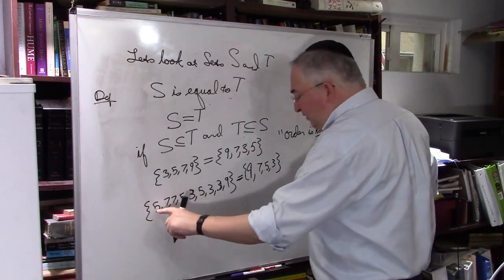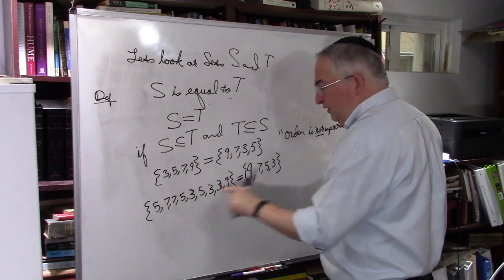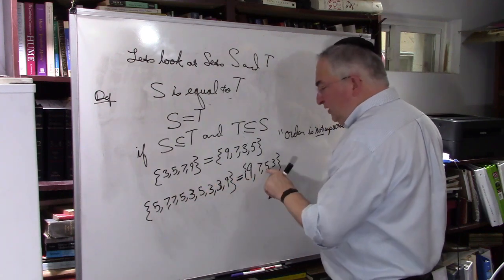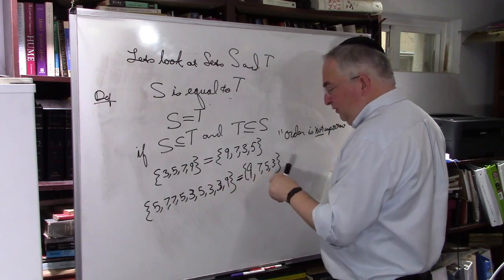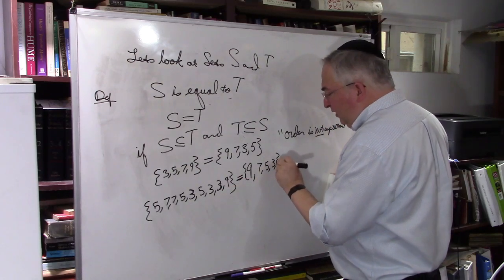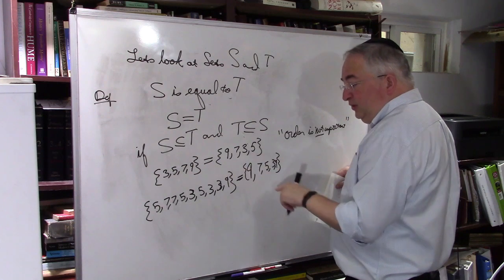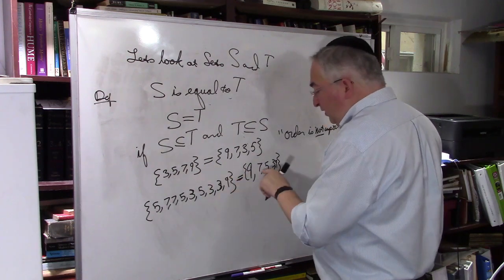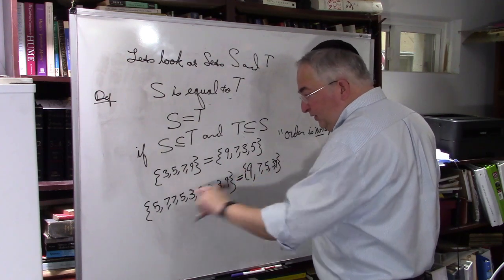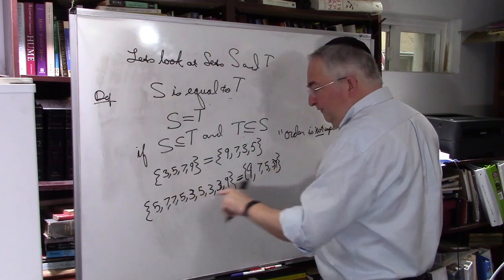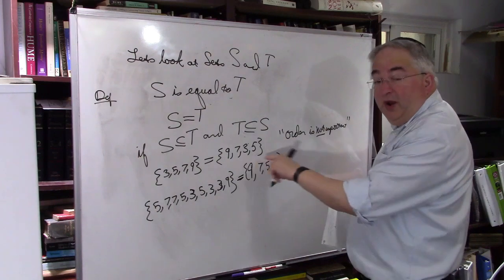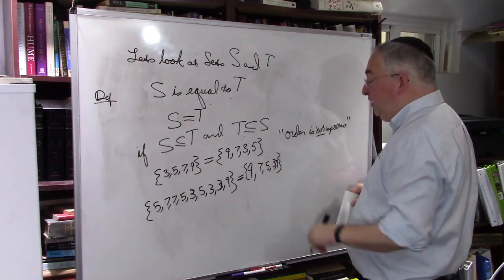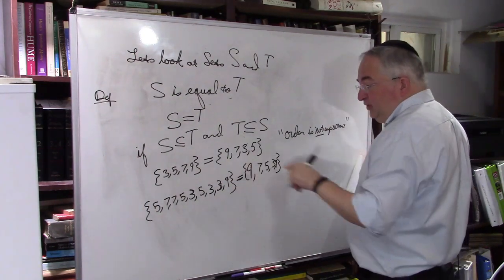Because every element here, 5 is here, 7 is here, 3 is here, 9 is here. We can even put another 9 here. And we could do the same thing here. 9 is here, 7 is here, whatever's in here is in here. 3 is here, 5 is here, 9 is here. So since whatever's in one set is in the other set, we say these two sets are equal.